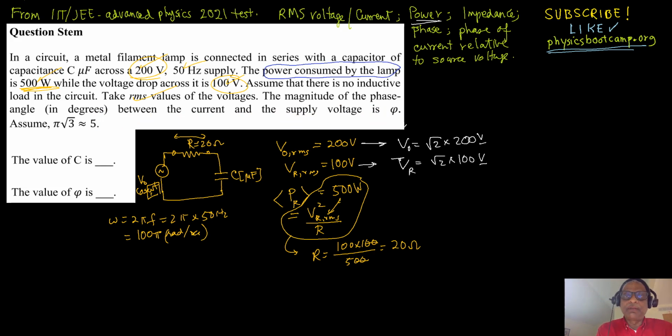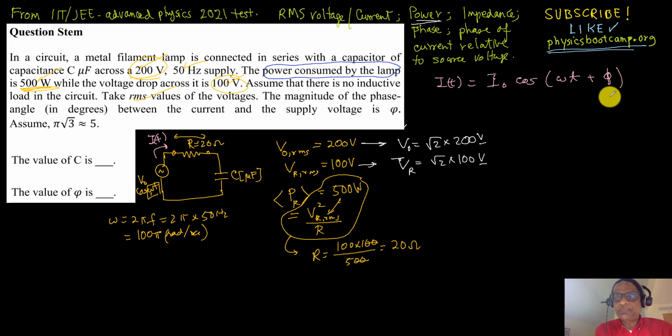So the current I of t, as it says, should be written as I0 cosine of omega t plus this phi.